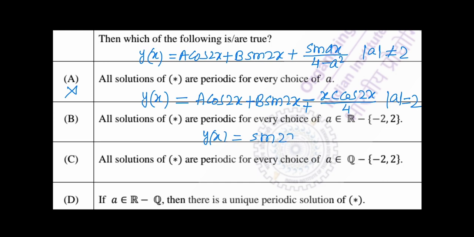It was y(x) equal to sin 2x and minus plus x, sorry, see this one, a equals, suppose, root 2, and here will be then 2. So I have taken a according to this condition, and I can take this function y(x), but I have already explained that this function is not periodic, so this is wrong. Okay, this option B is wrong.